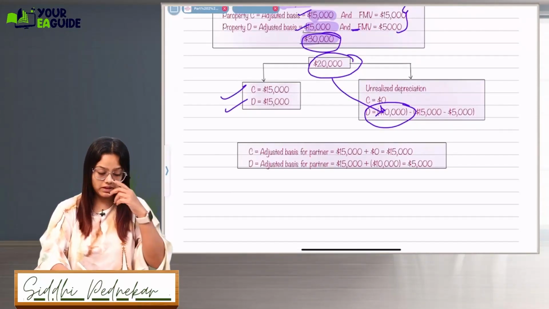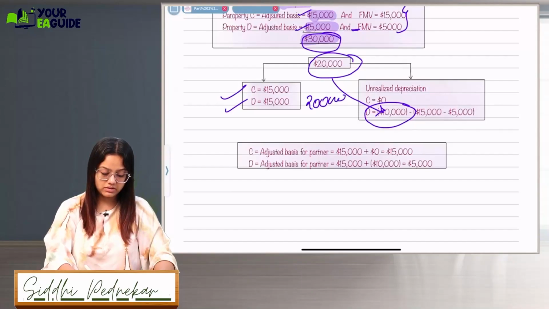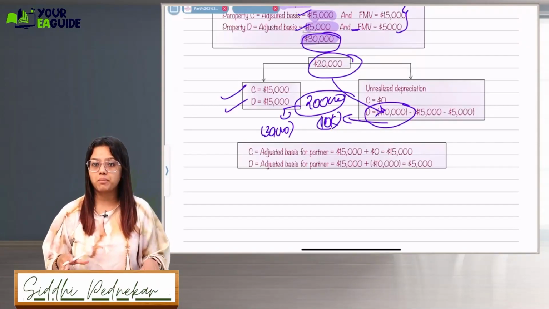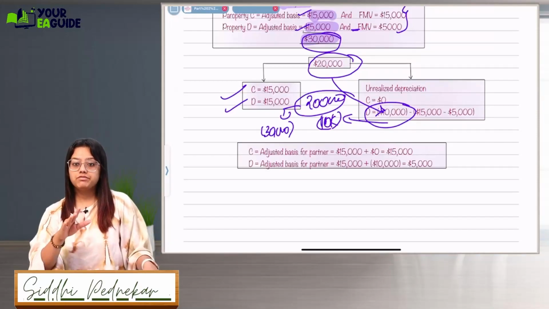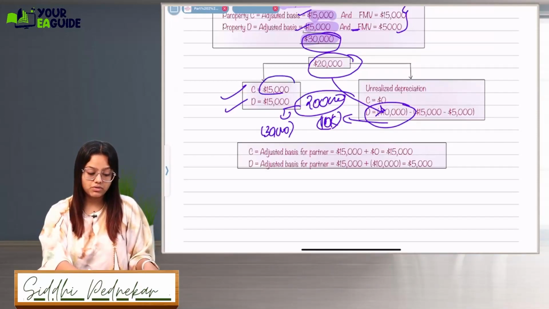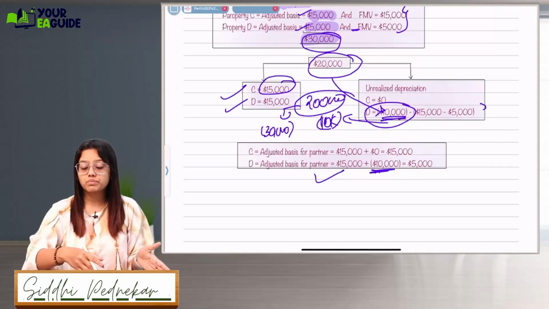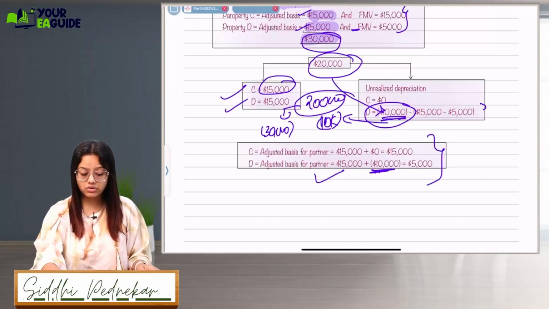So 20,000 minus 30,000, this 10,000 is going to be reduced anyway, so I'll just add it over here. Can I say the allocation is done properly now? C will be recorded at 15,000 only. D will be recorded at 15 with this allocated amount of 10,000 reduced from it, meaning the total amount will be 5.